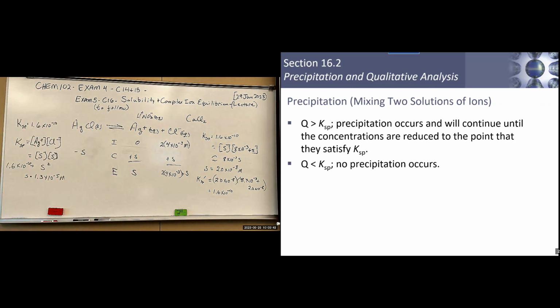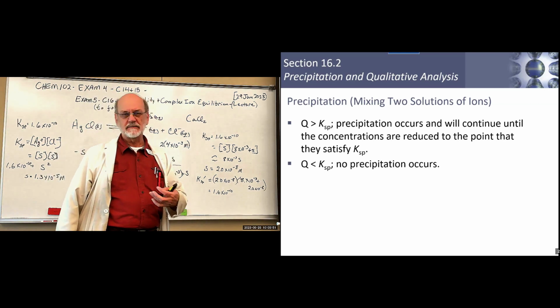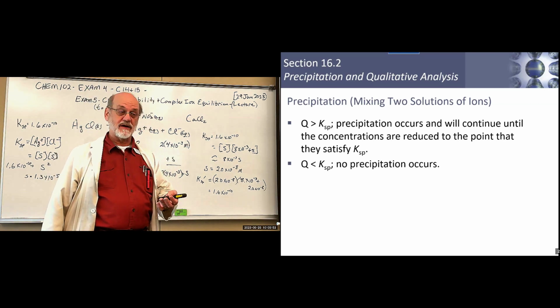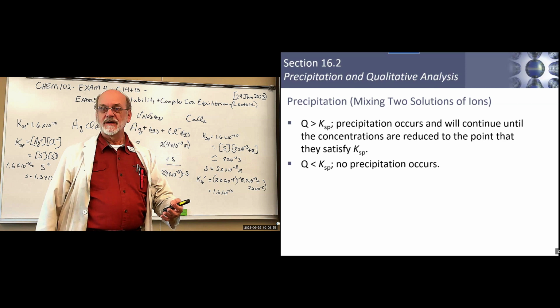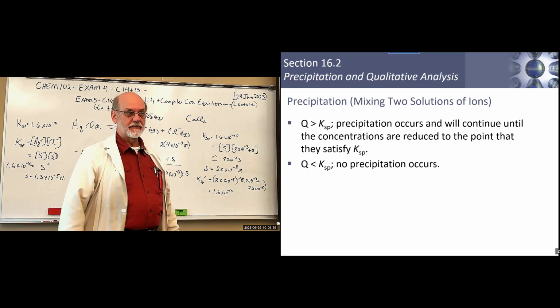Okay, and that concept is used to selectively precipitate, usually metal ions, from solution by adding certain cations and changing the pH of the solution.